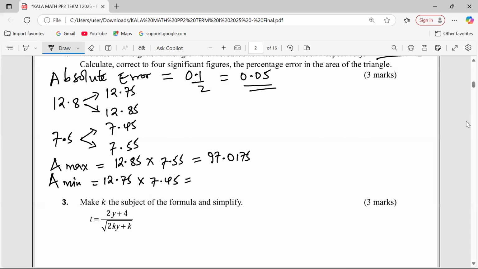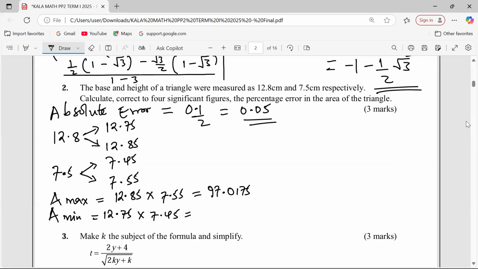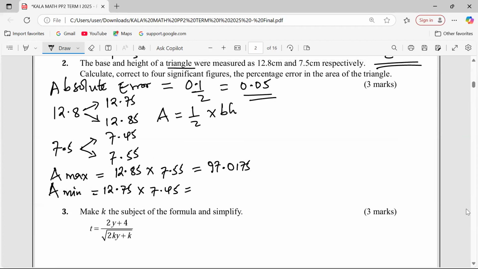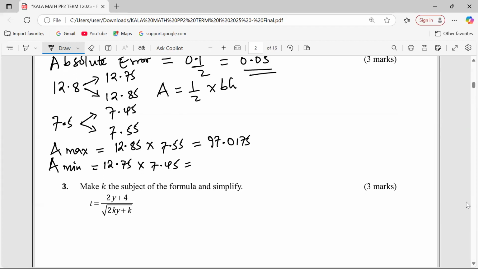Remember, it's good for you to remember that we are dealing with a triangle. Therefore, the area is usually given by half base times height. So not base times height. So we should introduce the half at this point.